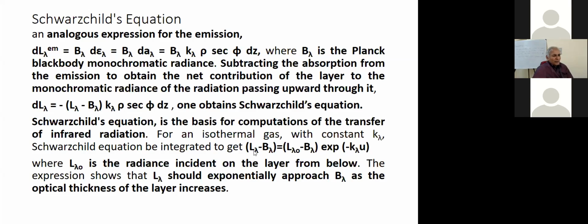L lambda 0, where the 0 suffix indicates the initial radiance, multiplied by exponential minus infinity, goes to 0. So what it tells you is that L lambda should tend to B lambda as the optical thickness of the layer increases. Even though the real atmosphere is not isothermal, it turns out that qualitatively this is also seen for real gases which are non-isothermal.